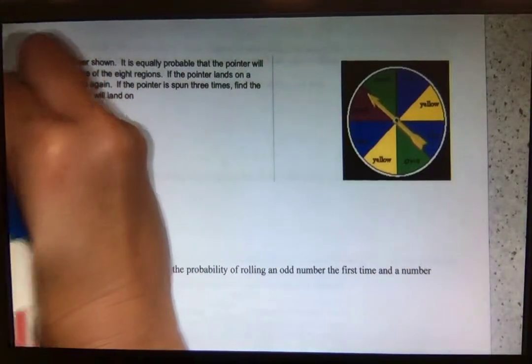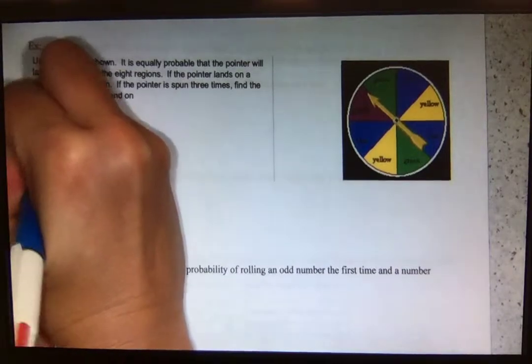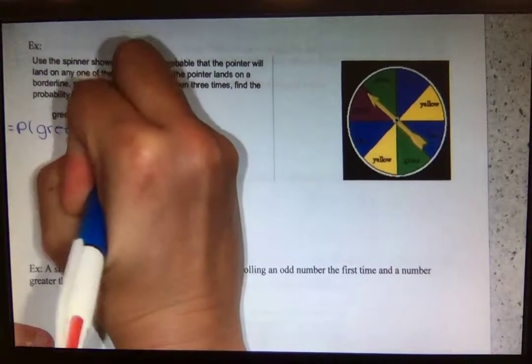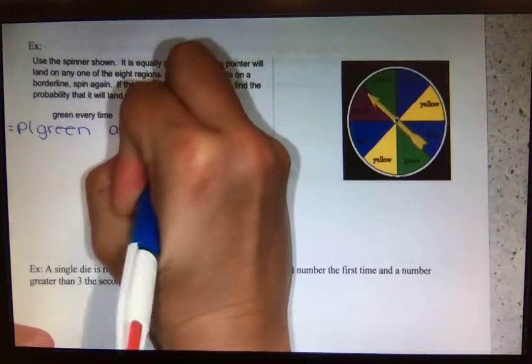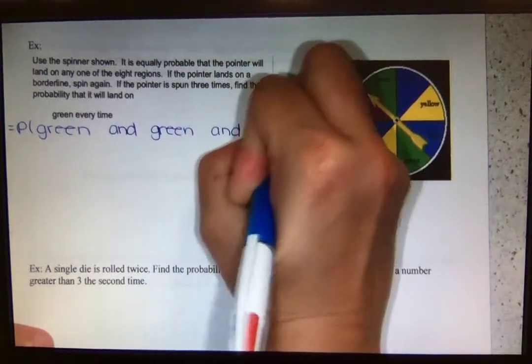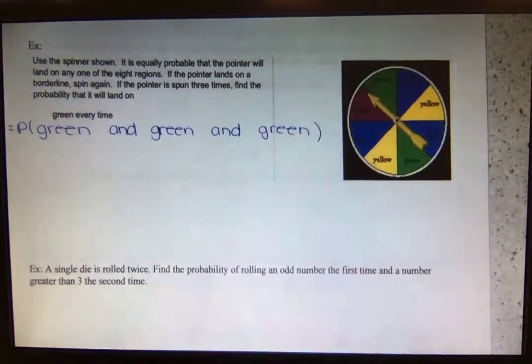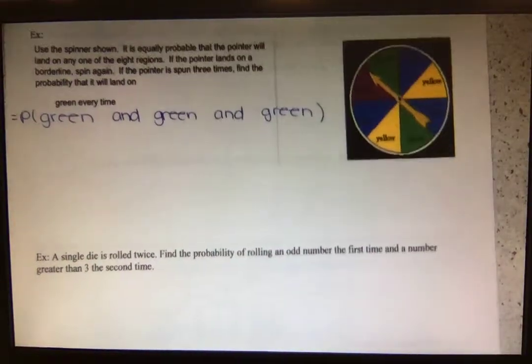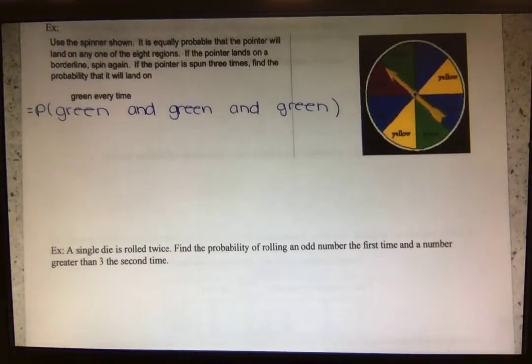So we're trying to find the probability of green, and then green, and then green again. Same concept, now we just have 3 of the same color. Independent or dependent? Does one spin affect the other spins? Nope, so it's independent.